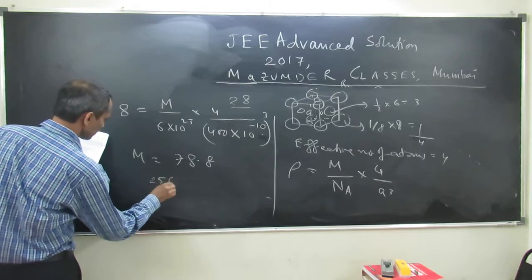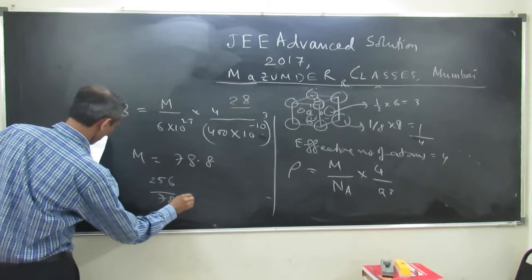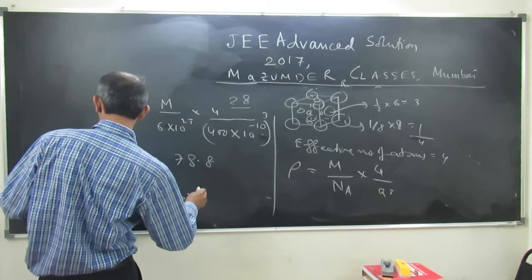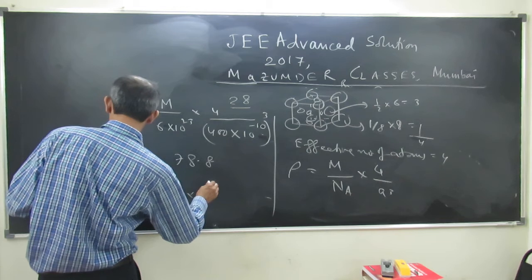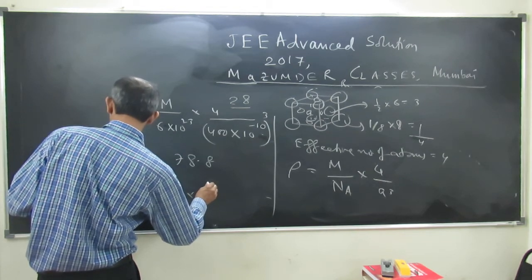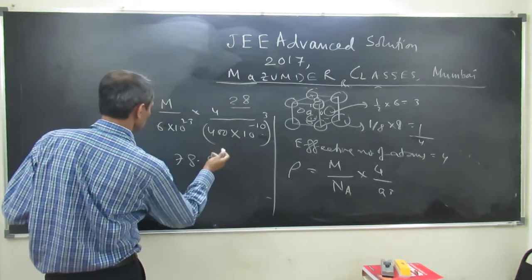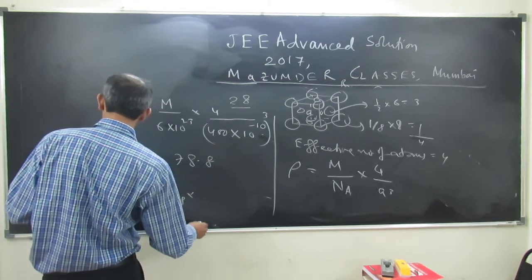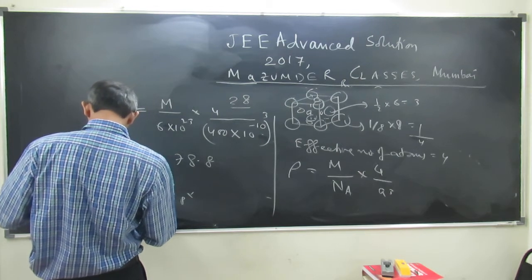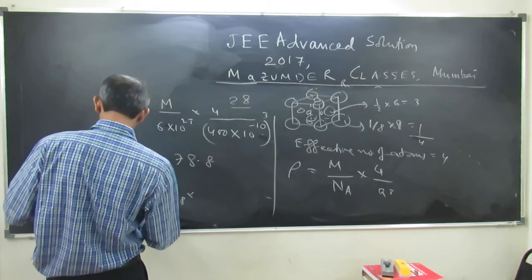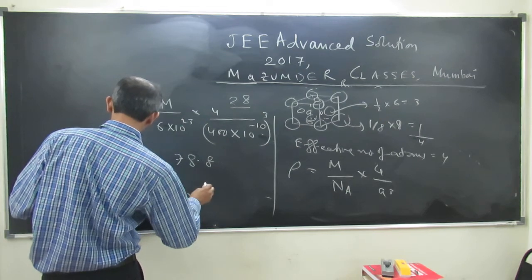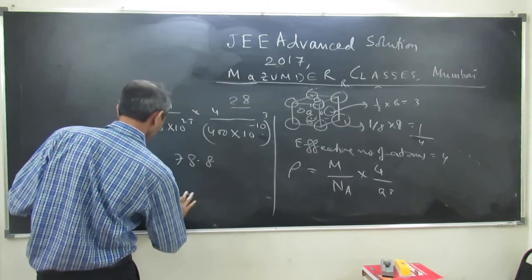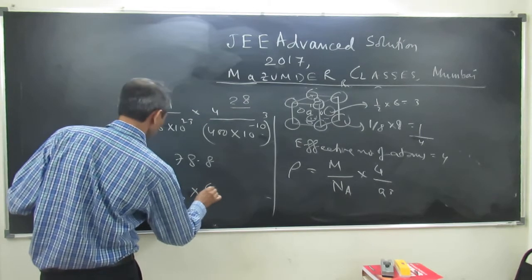So 256 divided by 78.8, multiplied by 6 into 10 to the power 23.